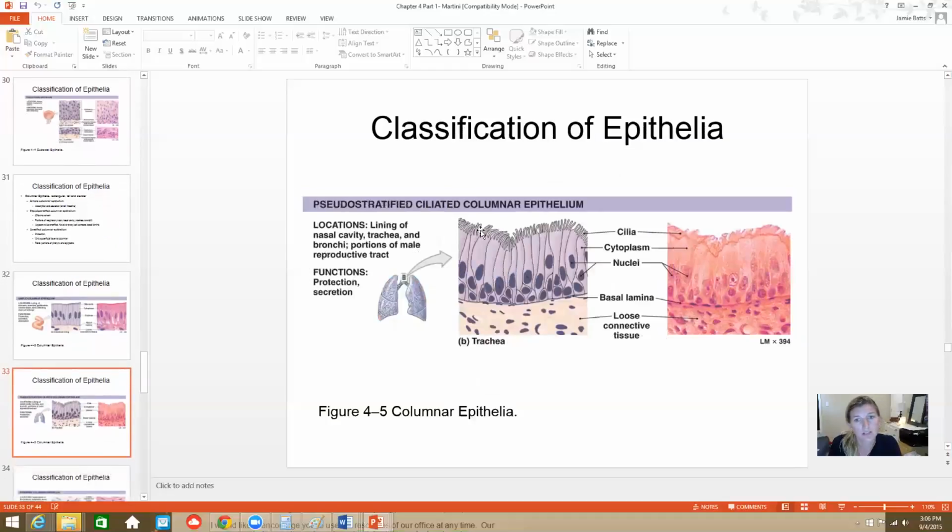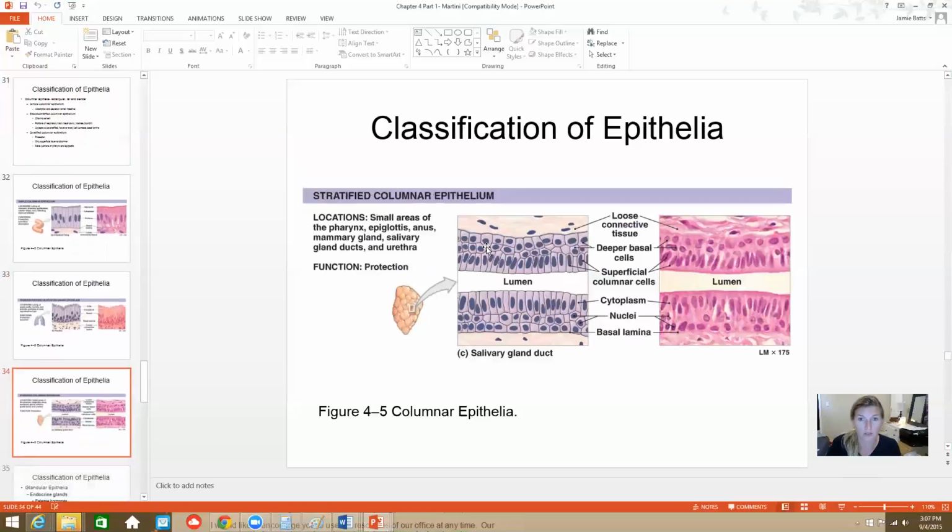Whereas pseudostratified ciliated columnar epithelium has the cilia on it, which wave back and forth, and we'll talk about the function of that later, but the general idea is trapping any dust and debris, and then, of course, allowing for the passage of air down into the lungs so that breathing can occur. The stratified columnar, again, is very rare. This is in small, isolated areas of the respiratory tract and digestive tract.